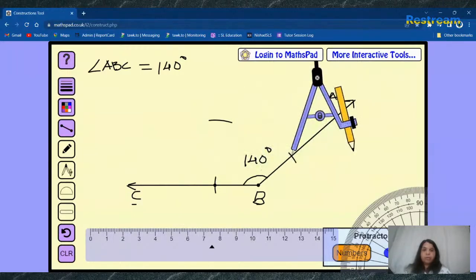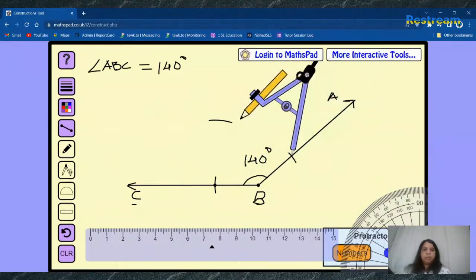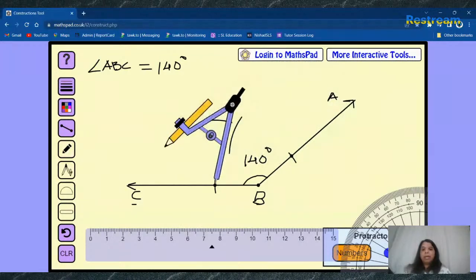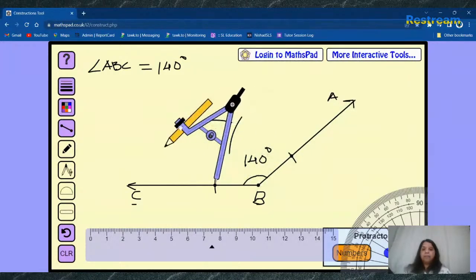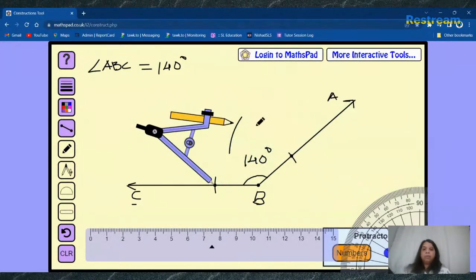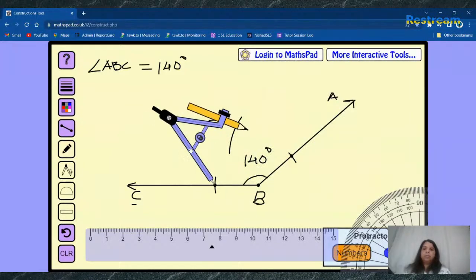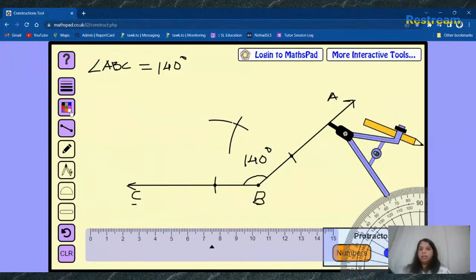Now I have this one, I have this here, and they're not intersecting. So we go back. What happens if they don't intersect? Nothing. We go back. We go and we draw this. Okay. And then as simple as that, we draw this line and we join it.